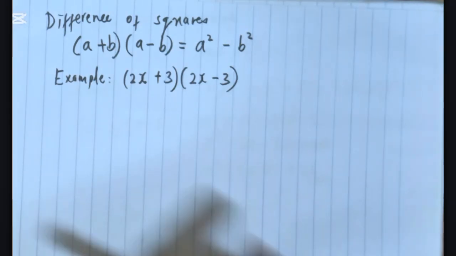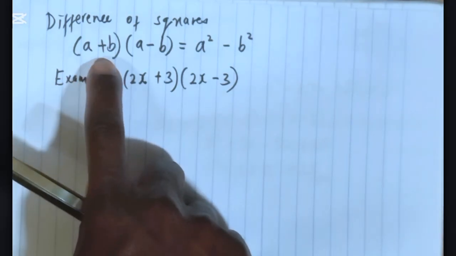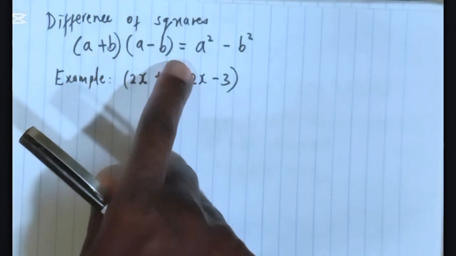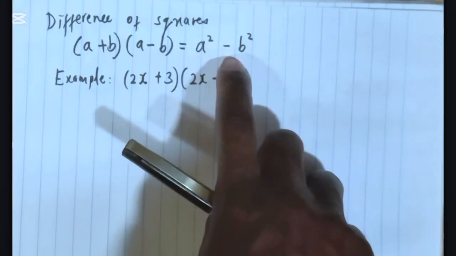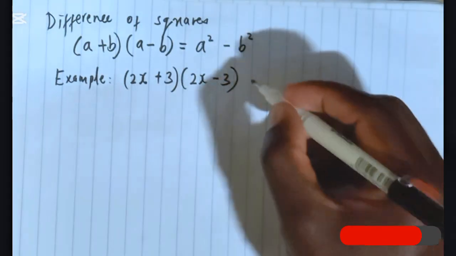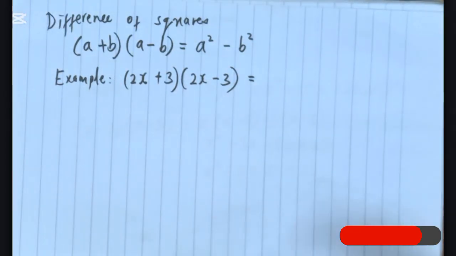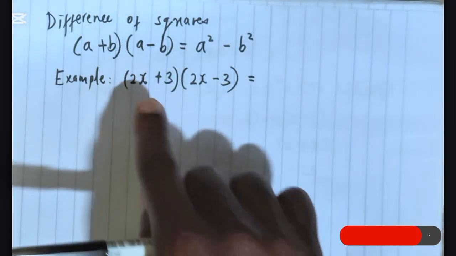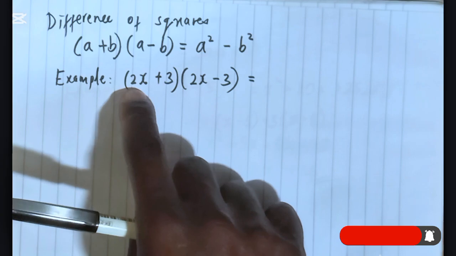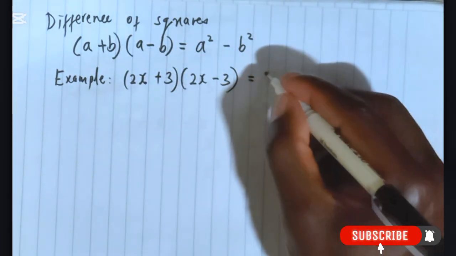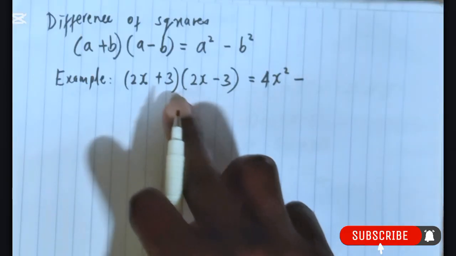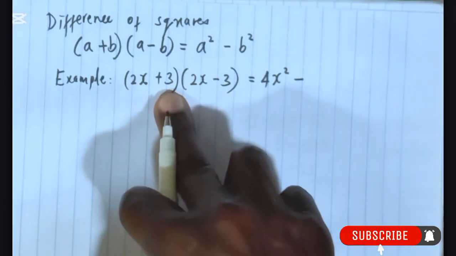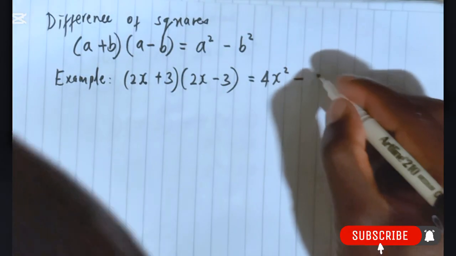Based on the rule that a plus b multiplied by a minus b, we always expect the answer to be a squared minus b squared. We can almost tell what the answer will be even without expanding. The answer will be the square of 2x, which is 4x squared, minus the square of b, which in this case is 3, so minus 9.